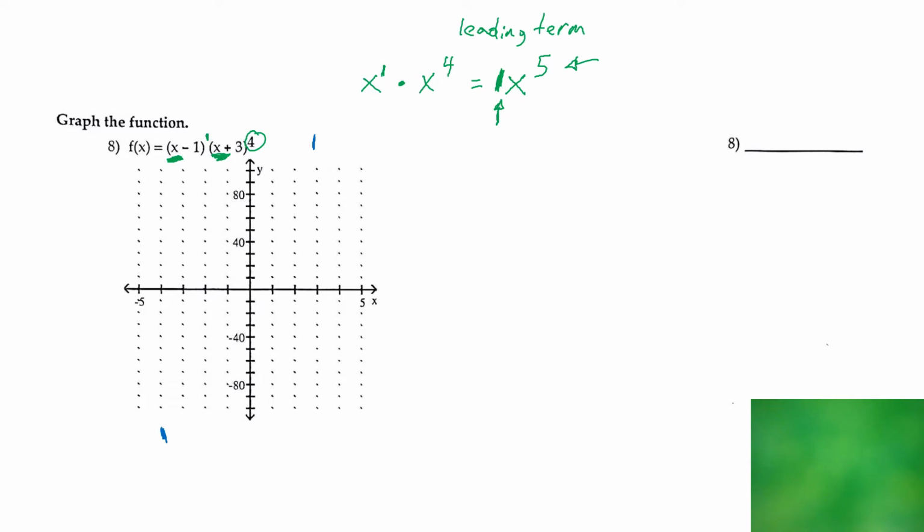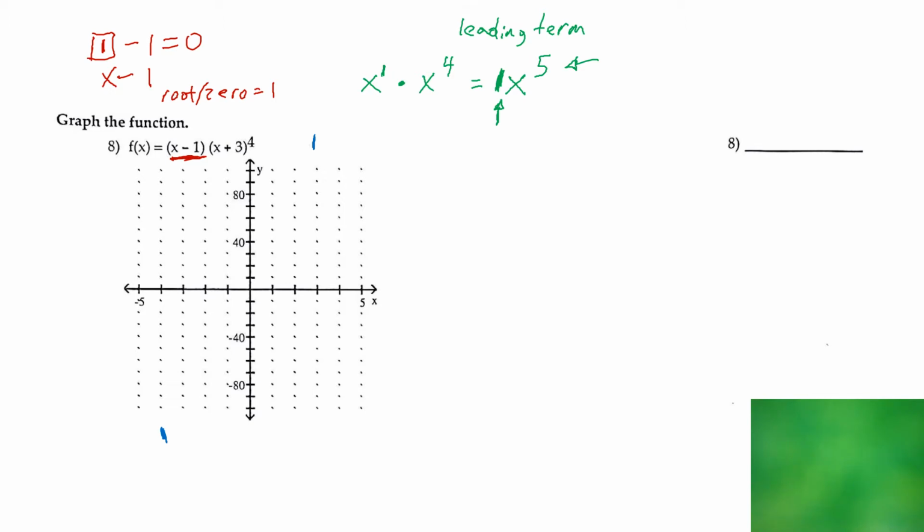Now let's find the roots. To find the roots, we're basically asking what's going to make this 0. So if I asked you what x minus 1 equals 0, what would it be? Well, clearly it's 1. So when you see x minus 1, you know that the root, or 0, is going to be 1.